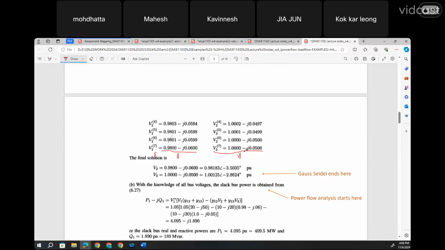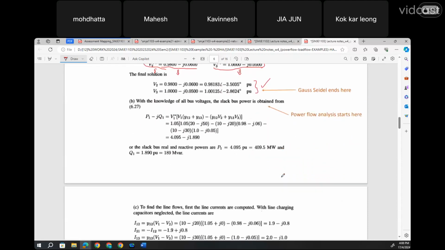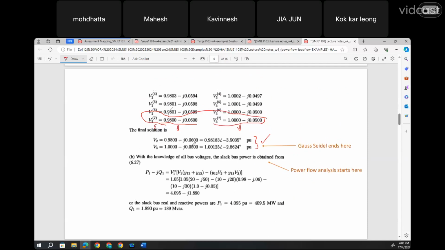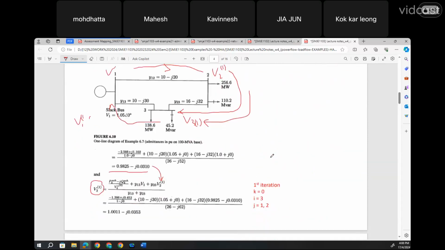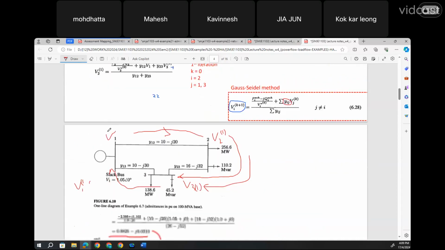Once we know this is our answer, our voltage level, we can stamp it as our final solution for V2 and V3. And actually, the Gauss-Seidel ends over here.